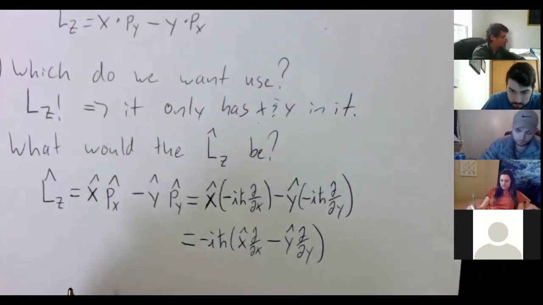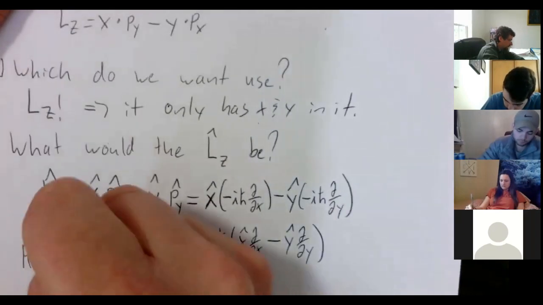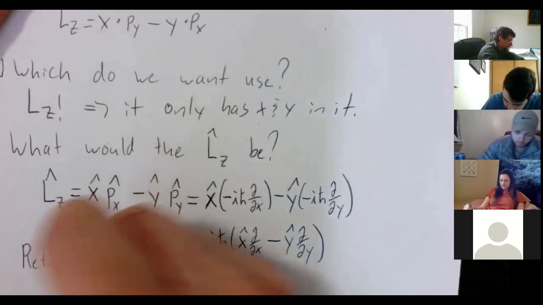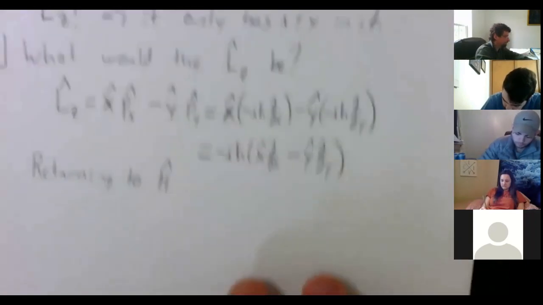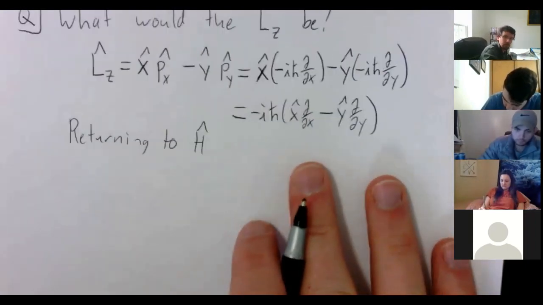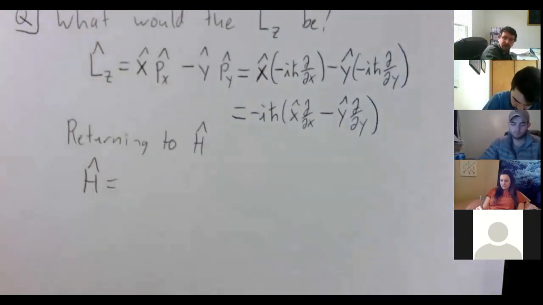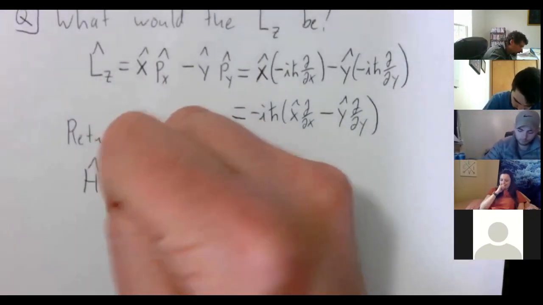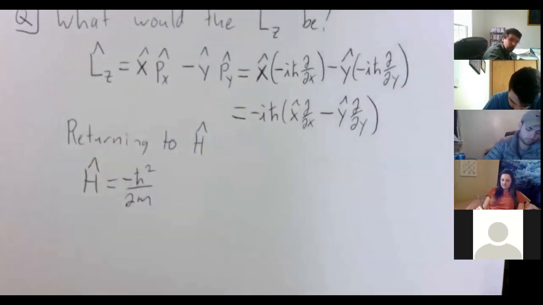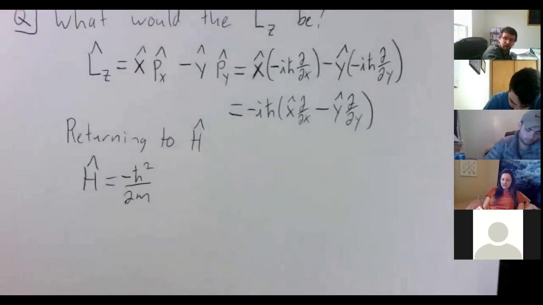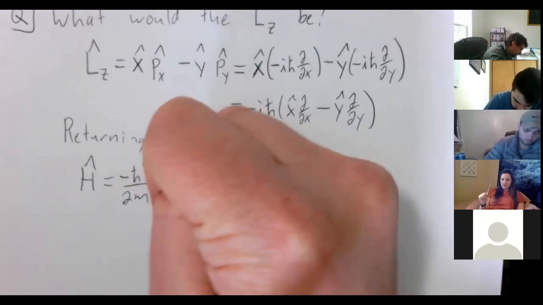Okay, so now let's return to our Hamiltonian operator. We already defined our Hamiltonian operator. What was it again? Negative h bar squared over 2m. What else do we have there? d squared over dx squared plus d squared over dy squared.